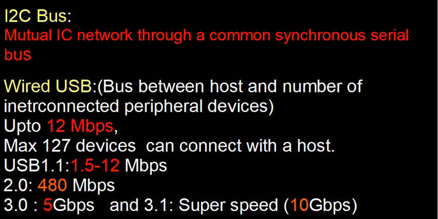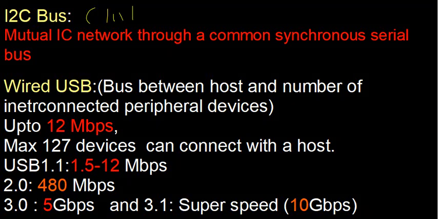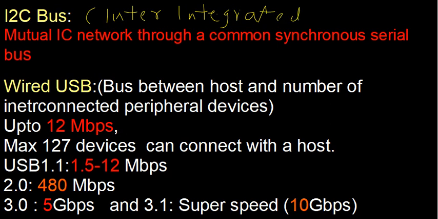So this is referred to as inter integrated circuit. All of you know about integrated circuit. When I say integrated circuit, definitely will speak about the ICs. So then what do you mean by inter integrated circuits, right?